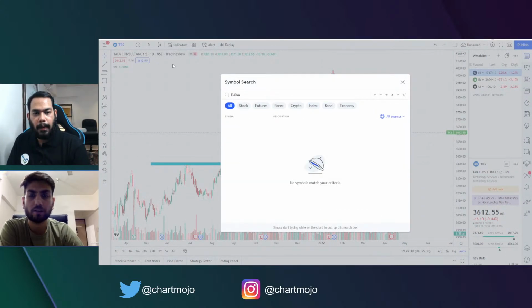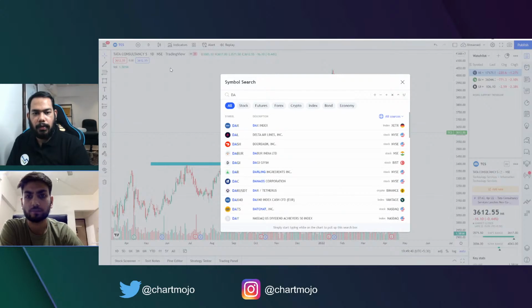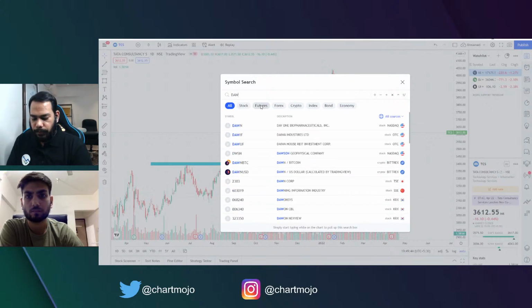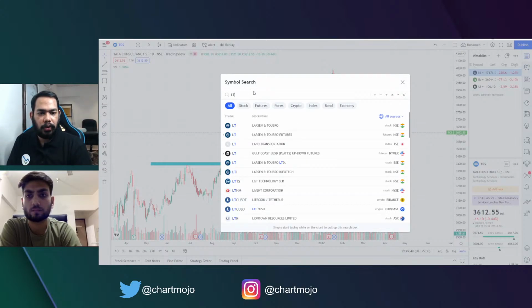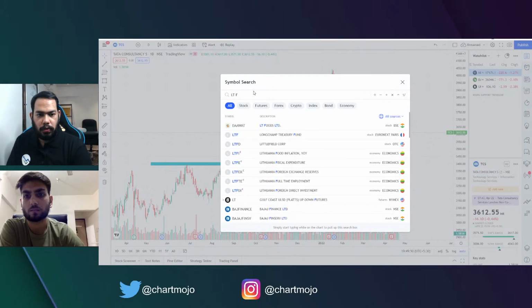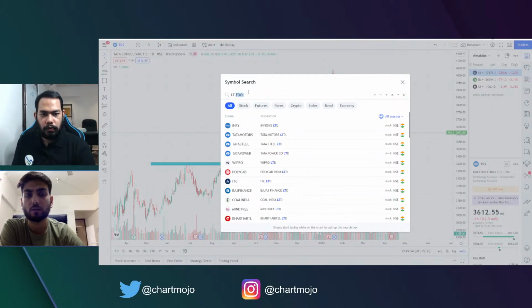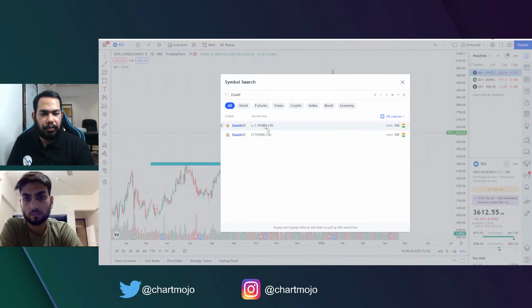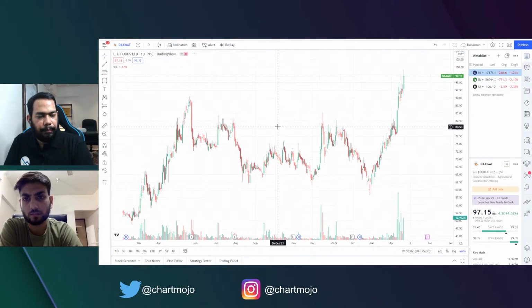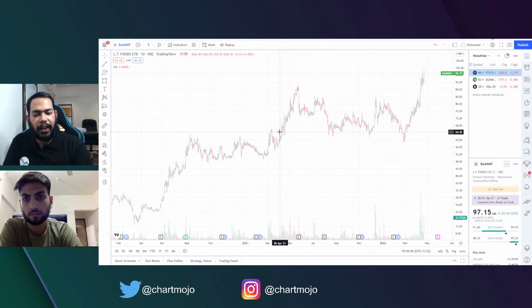Next stock is Dawat. He bought at the level 94. See, it has given a nice breakout.